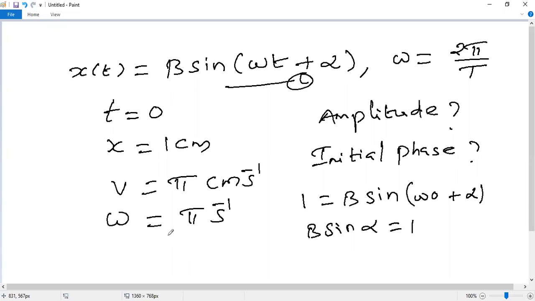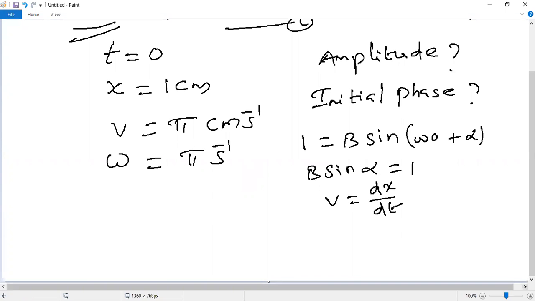For the velocity, this is displacement. The displacement function only x of t. For the velocity, v is equal to dx divided by dt. Do the differentiation, you will get velocity v is equal to b omega cos omega t plus alpha.